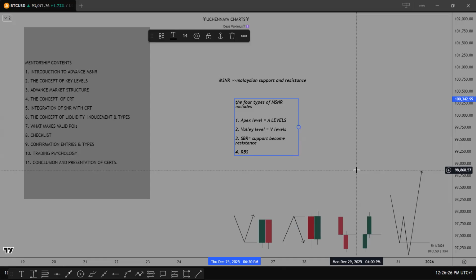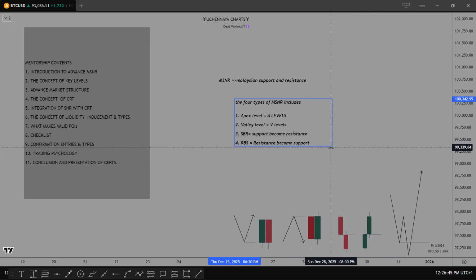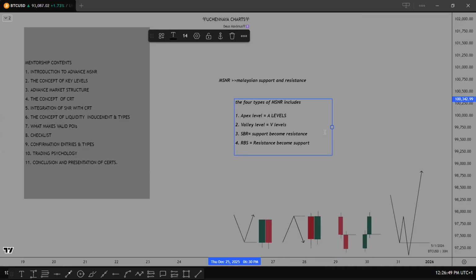Okay. And the fourth one is RBS, that is resistance become support. Okay.